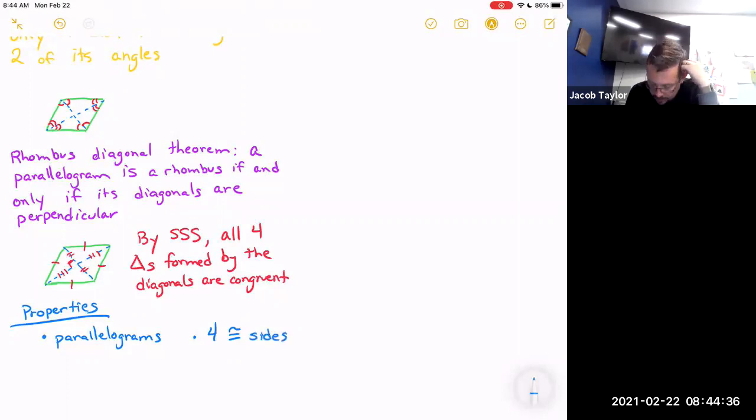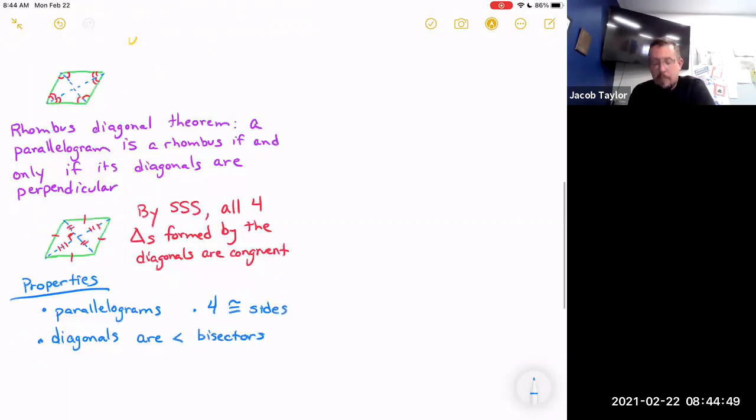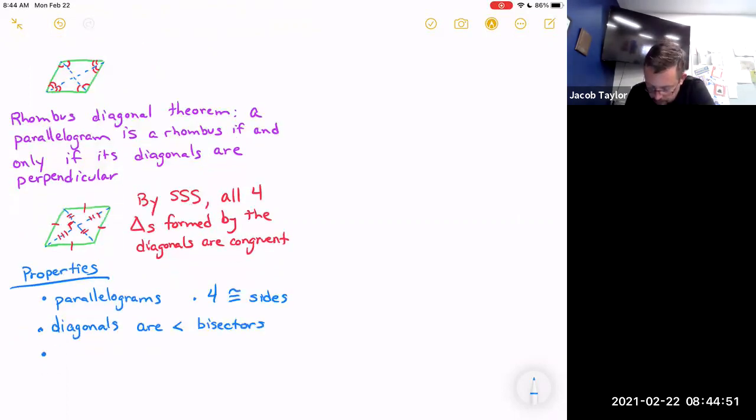Diagonals are angle bisectors and perpendicular diagonals. So they have all the properties of a parallelogram plus those three things.